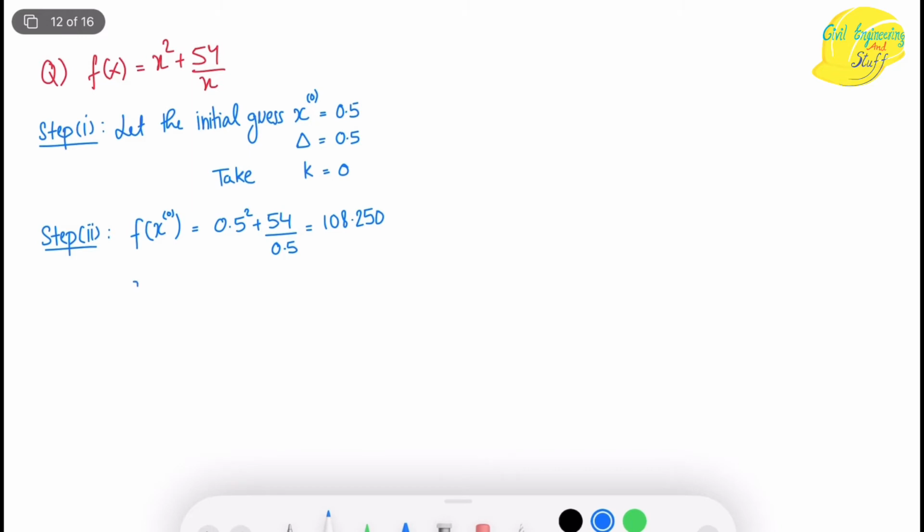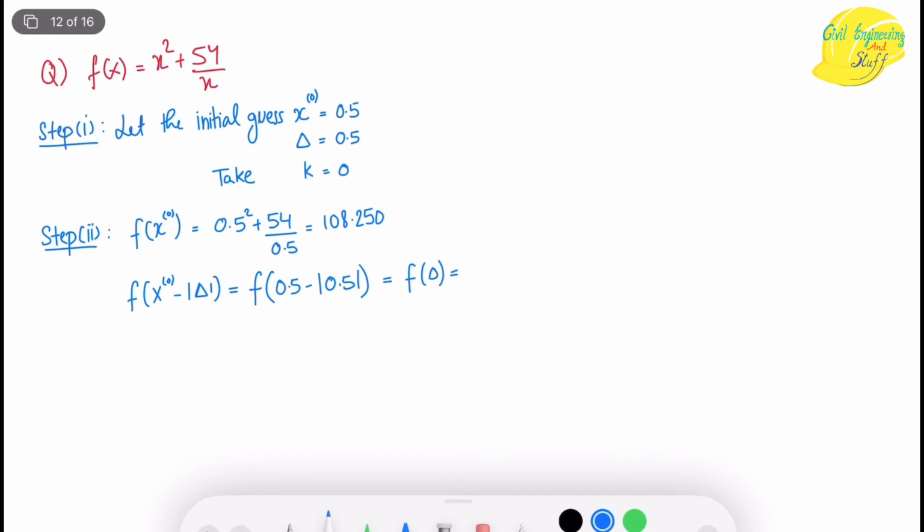Then we have to find f(x0 − delta). That is, x0 is 0.5 minus the delta value, and delta here is again 0.5. That is f(0).